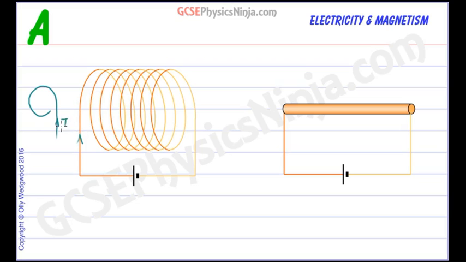So there's our current. Now the trick is, if you can fit a curly N, capital N, or a curly S with arrows that match the direction of this current, then that will be the pole. So in this case, we can match a curly N, and that matches the direction of the current. So we know that this side here is a north pole.